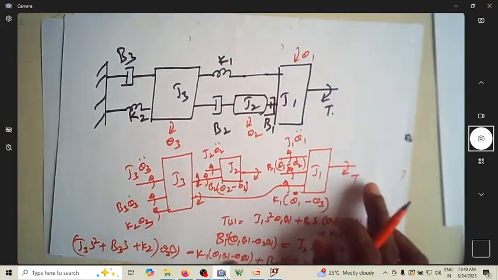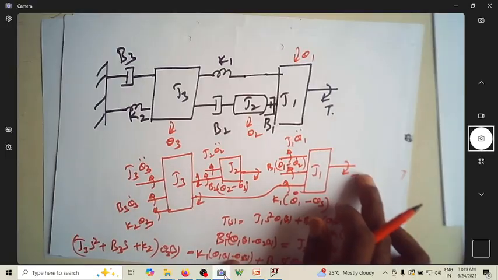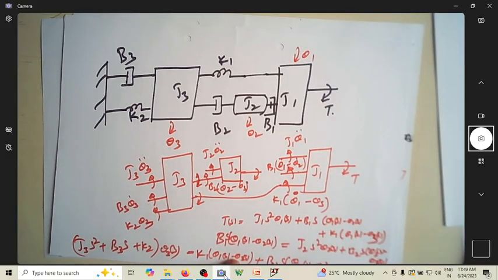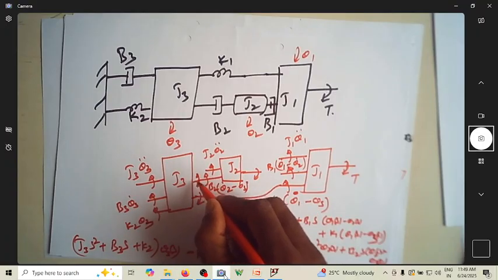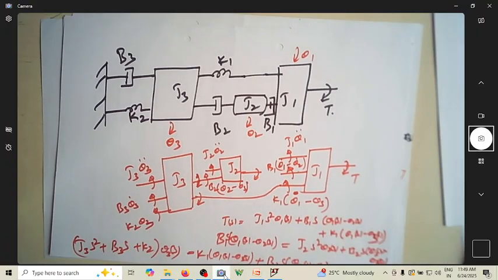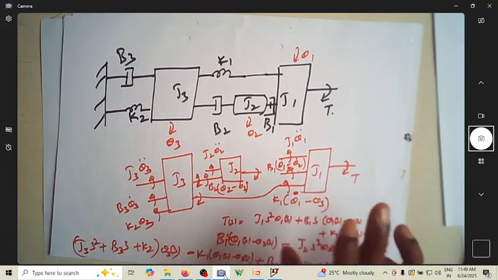Correct? I'm simply equating left hand side torque to right hand side, that is clockwise torque to anti-clockwise torque. These are clockwise torques, acting torques, whereas opposing torques are in the anti-clockwise direction.